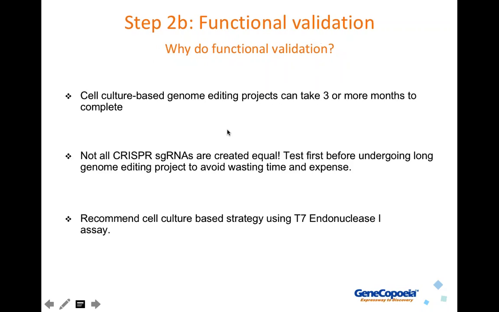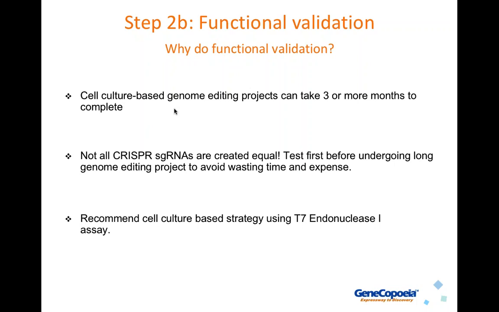And secondly, there's the part about functional validation itself. Even if the sgRNA target sequence matches 100% with the target sequence in your cell line, there's a lot of variation among different CRISPR sgRNA targets.